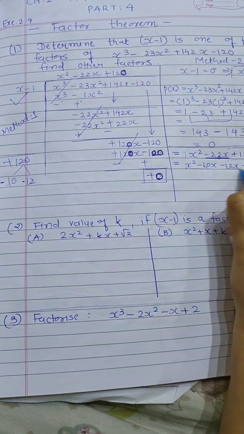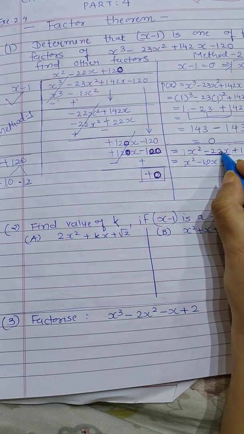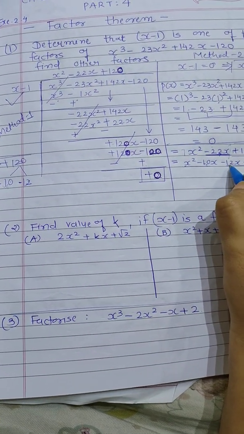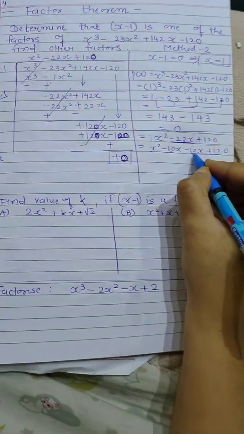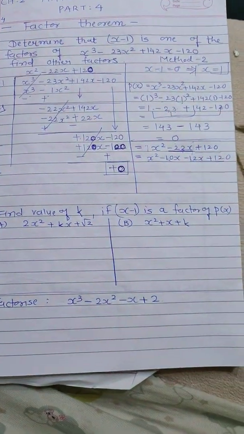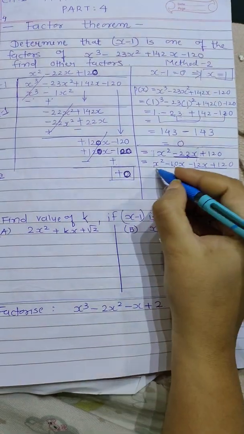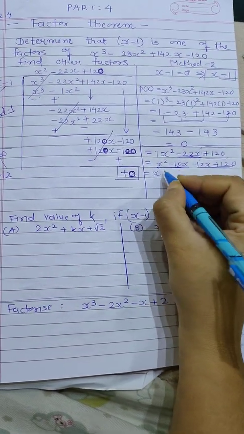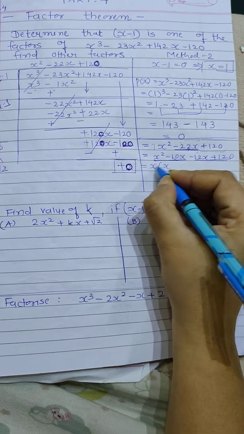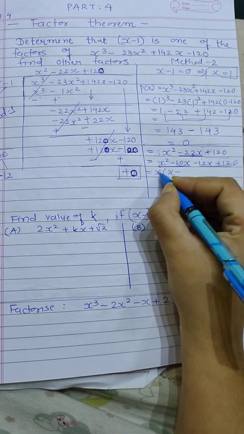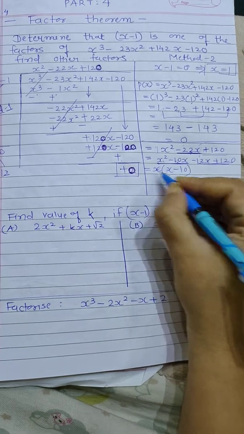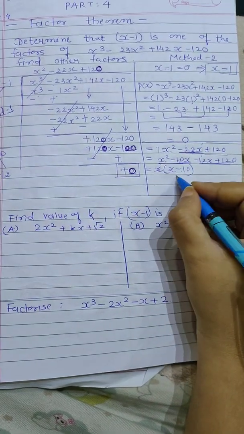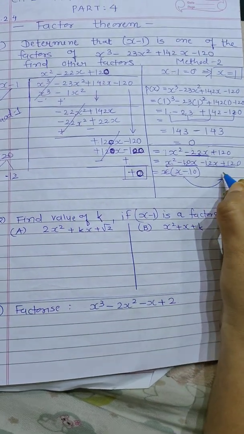Now the three-term expression is further split into 4 terms. You can see the trinomial has become a polynomial. Divide into groups of 2. In the first group x is common. So what is left behind? x into x, x square. x multiplied with minus 10 becomes minus 10x. So your first factor is out.